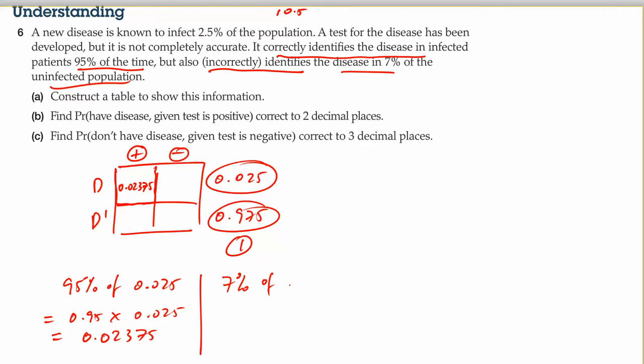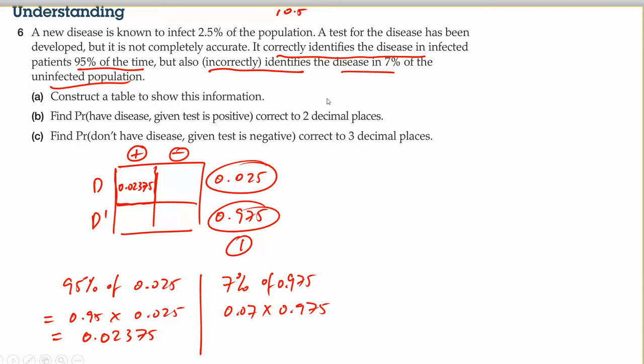So 7% of 0.975, so 0.07 times 0.975, are testing positive even though they don't have the disease.